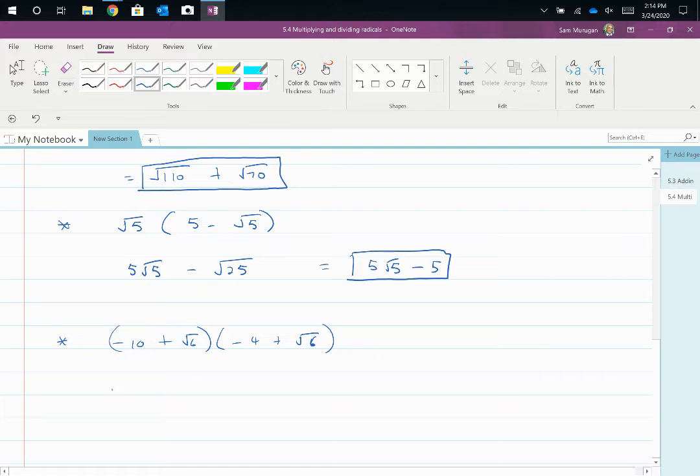So first, negative 10 times negative 4. Outside, negative 10 times square root of 6. Inside, negative 4 times the square root of 6. And last, square root of 6 times the square root of 6.